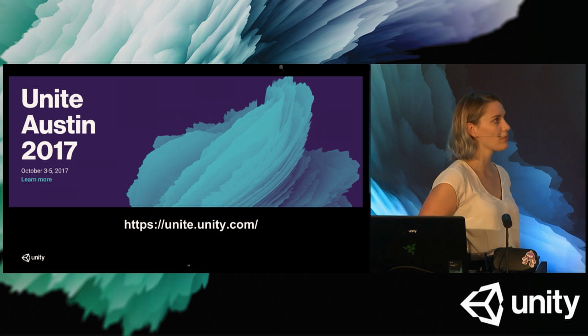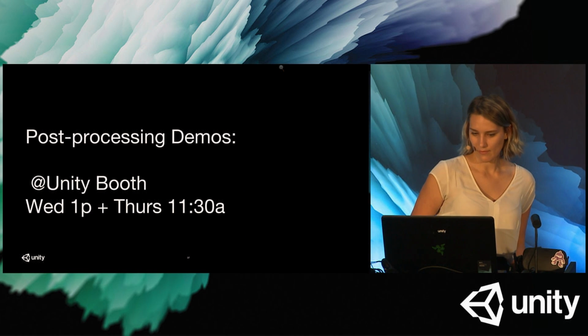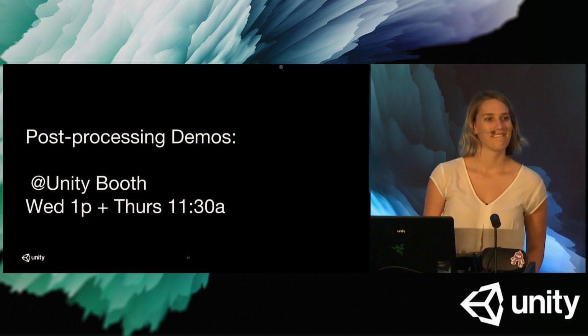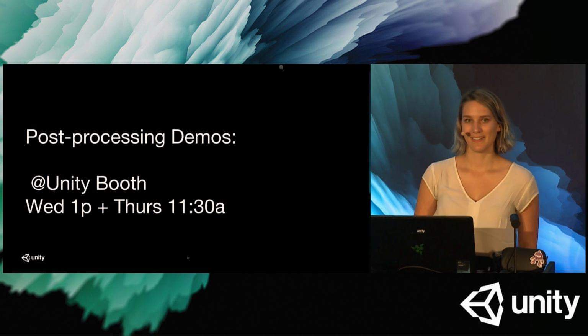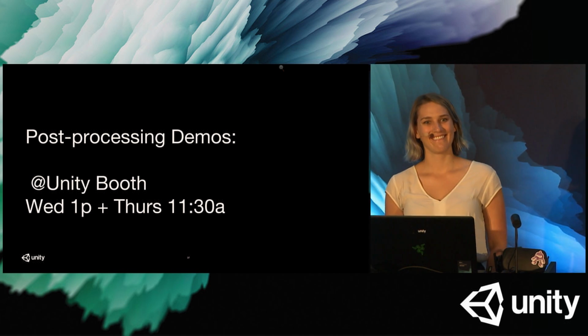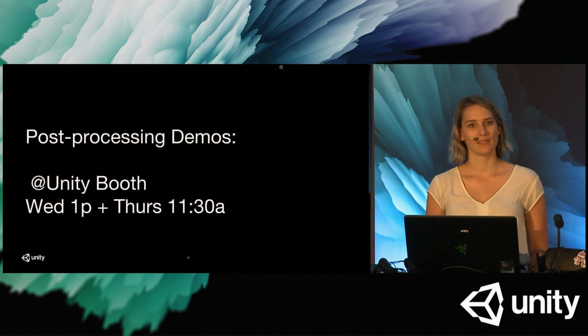The post-processing, we have a demo going on at this time where he can answer any questions about post-processing. Anyone else? Hi, I had a question about the 360 skybox. So one, does that work for version 5.6 or is it just 2017?